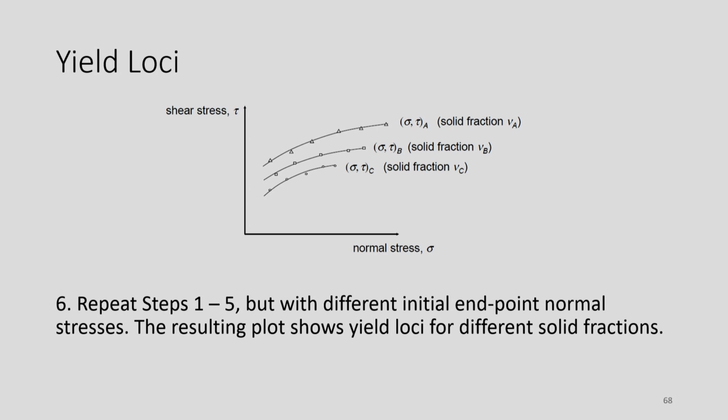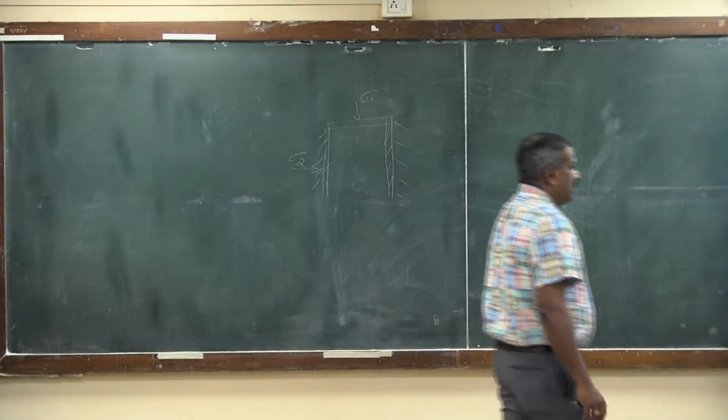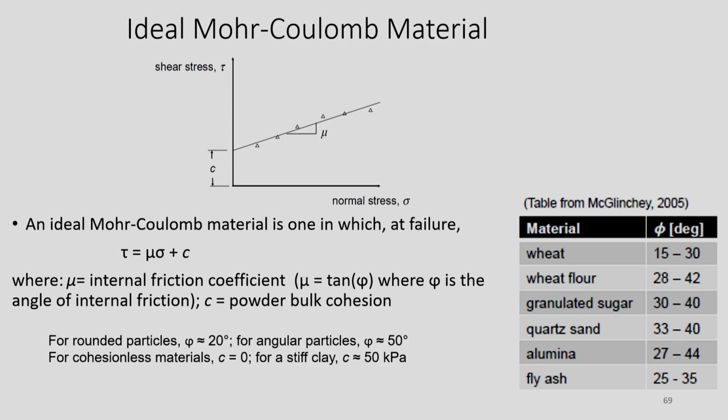Any questions? Simple testing, right? But it gives lots of useful information when it comes to designing hoppers and bins. In general, we assume this as an ideal Mohr-Coulomb material, which means the relationship between the normal stress and the shear stress is linear.